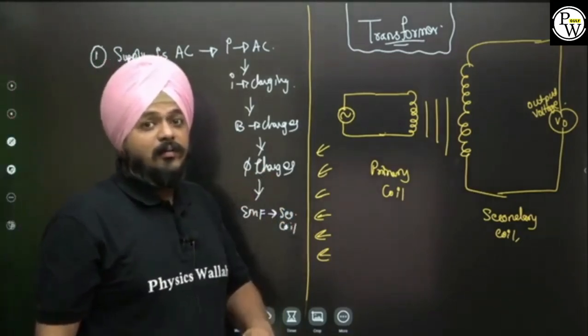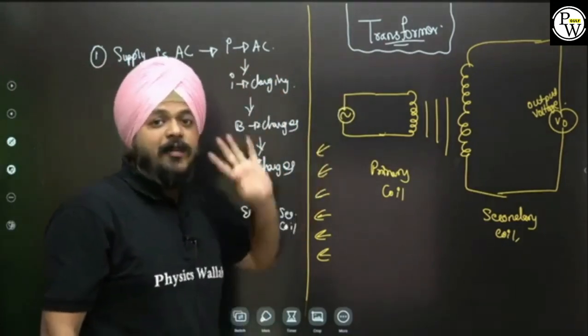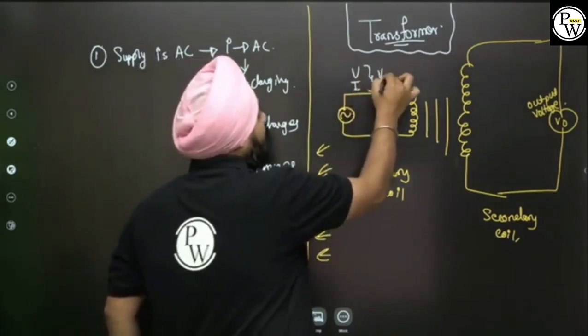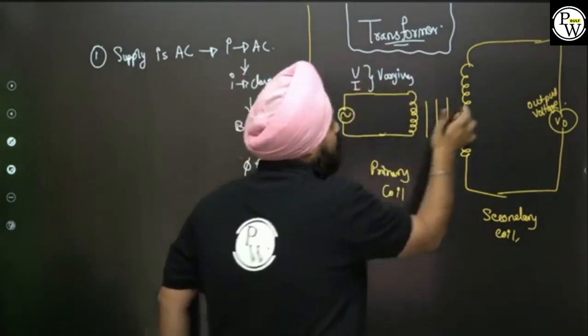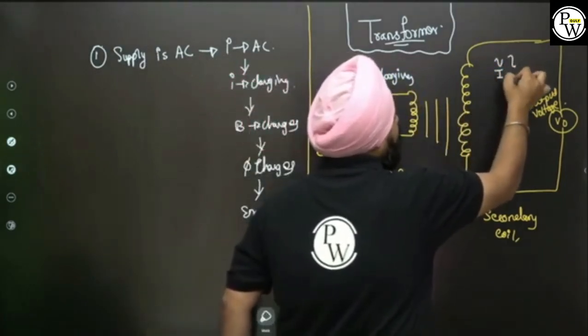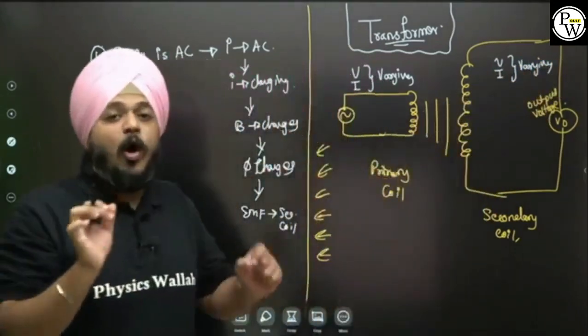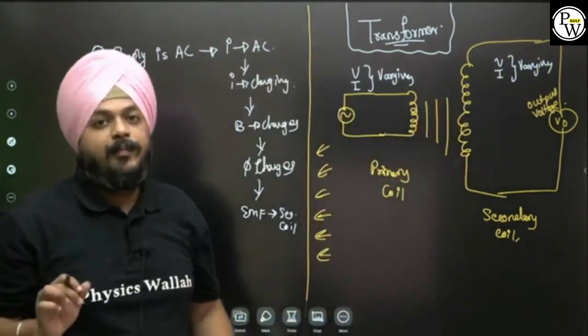Here voltages were varying and current was varying on both sides, but on both coils one thing was common, that is their frequency.